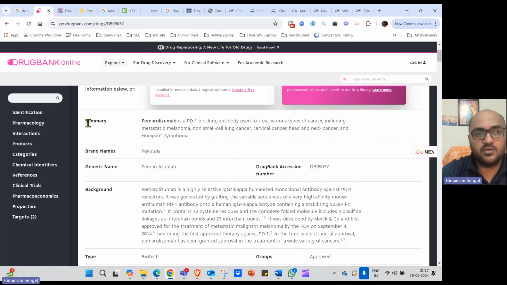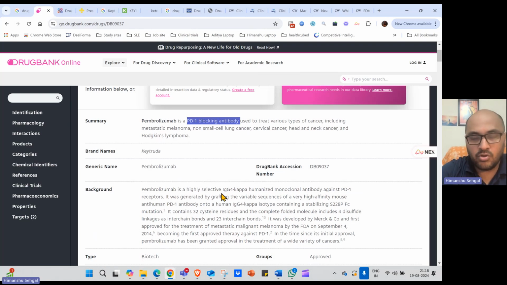It will first give you the summary of the product: pembrolizumab is a PD-1 blocker antibody used to treat various oncology indications. From this you understand that it's an antibody, it blocks PD-1, so its MOA is PD-1, and it is a monoclonal antibody.